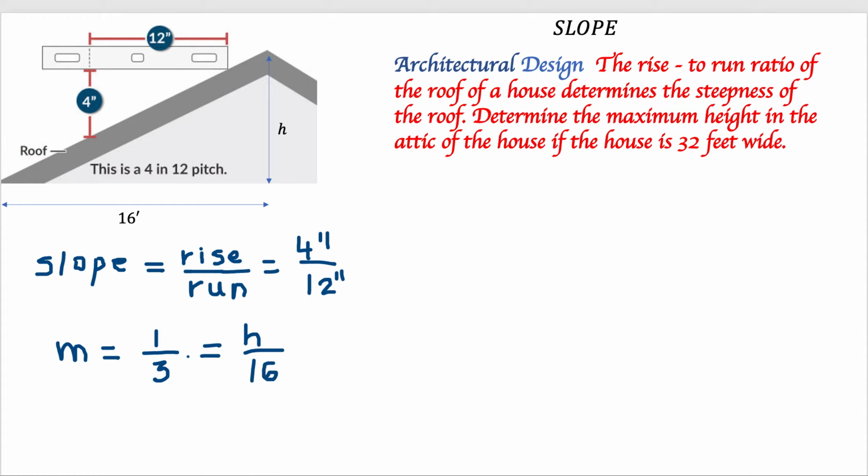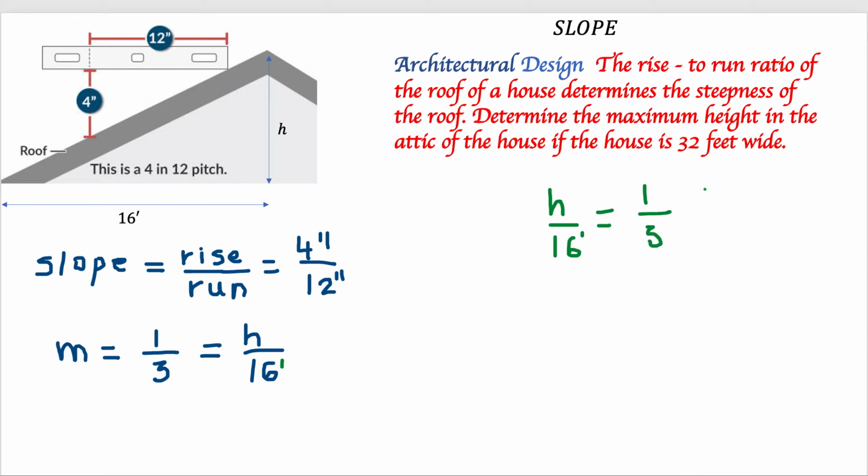We can now solve this in terms of the proportion. h divided by 16 feet, and here I forgot to write the 16 feet. It's better if we write it this way. And this is equal to 1/3.